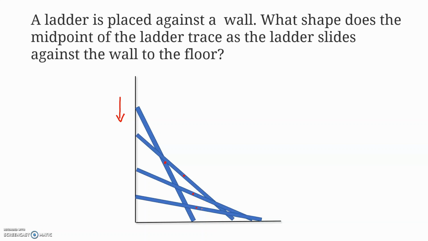Now if you follow those points, it looks as if the midpoint is tracing out a circular path if you join those points together, but the point of the question is to prove that it is a circular path. It looks like a circular path, but how can we actually prove that?